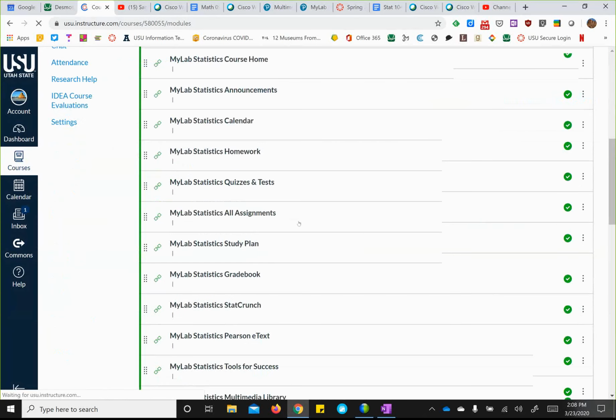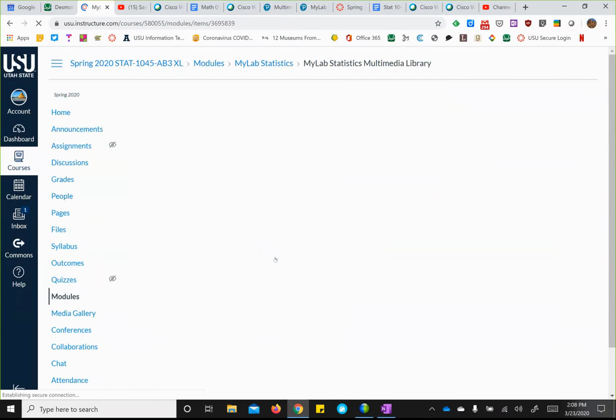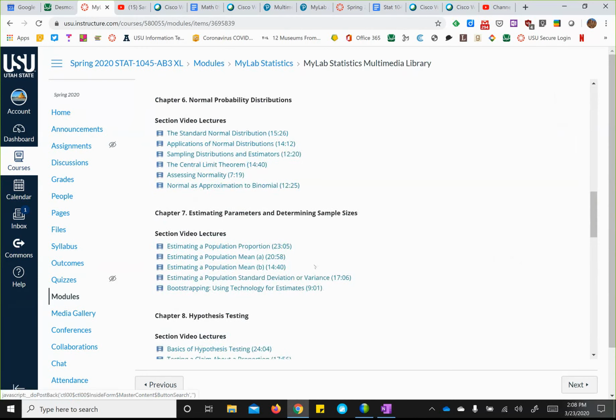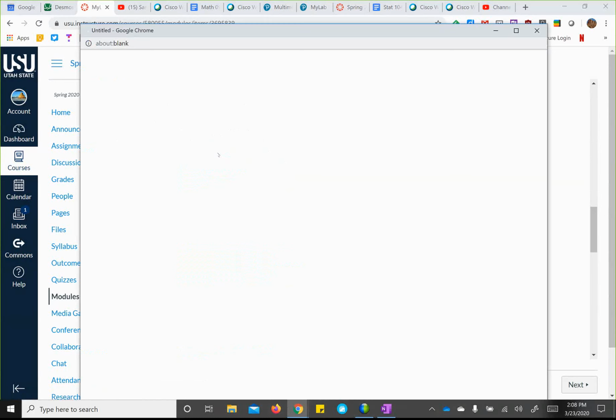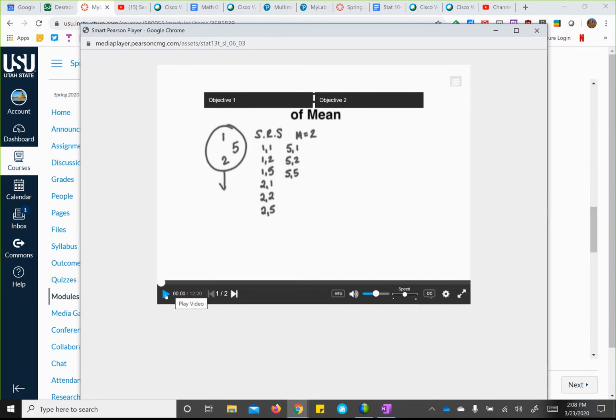You go to Multimedia Library. And in Multimedia Library, you want to select Section Video Lectures and find those. And you can see down here in Chapter 6, Sampling Distributions and Estimators, there's a lecture. So you have several sources for this material.